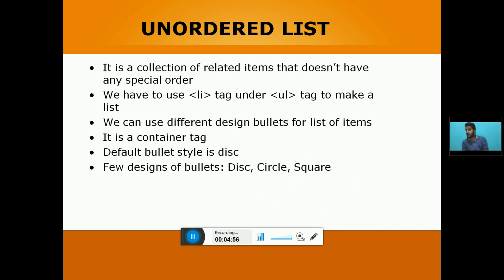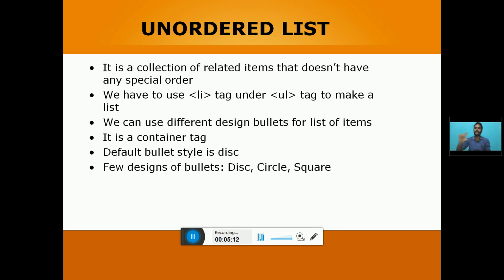This unordered list uses the ul tag. In this ul tag you write the item names using the li tag. You have to use the li tag under the ul tag to make a list.